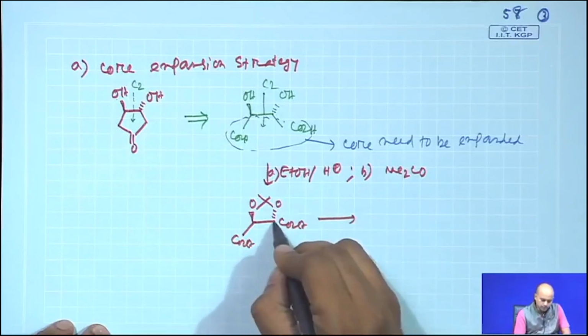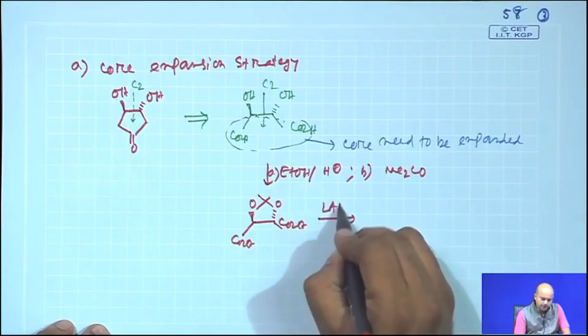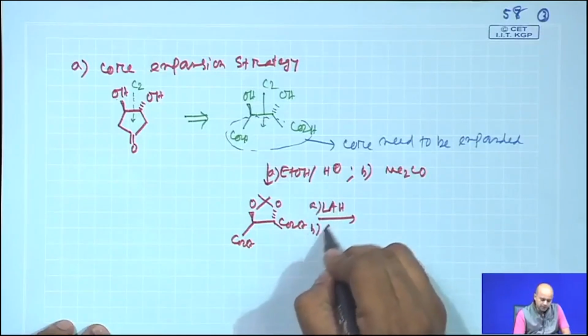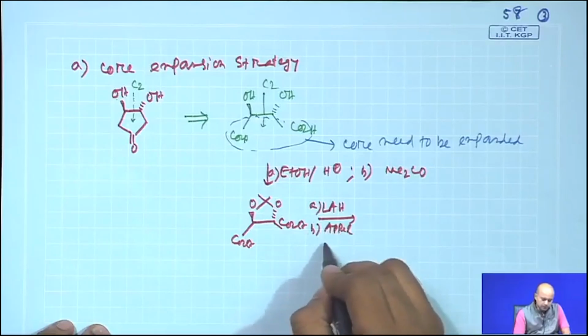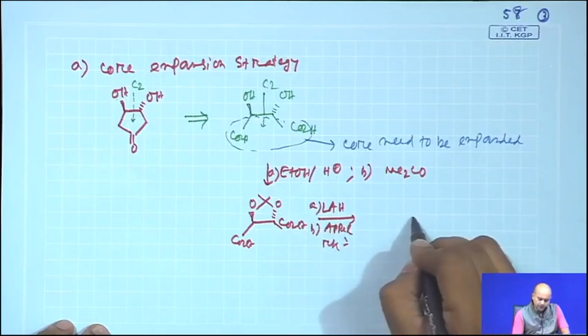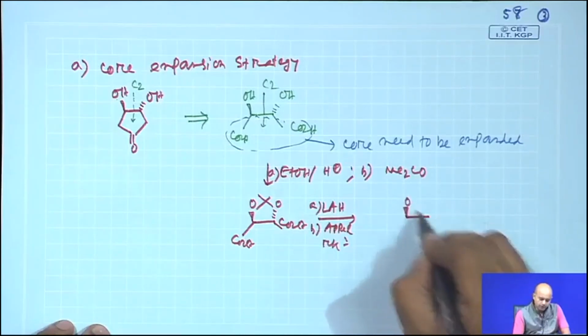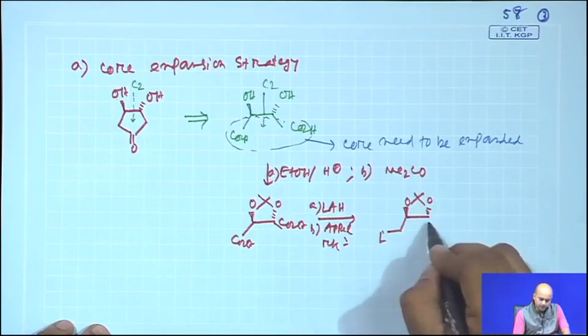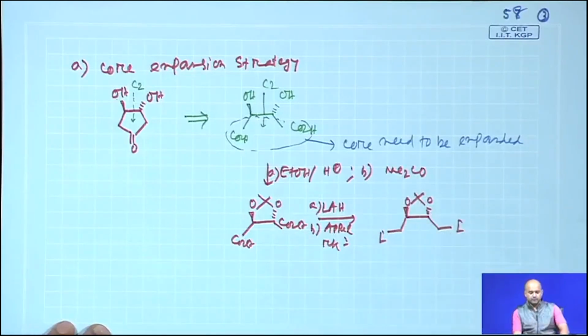You do a lithium aluminum hydride reduction and then an Appel reaction. These reactions we have already studied, so we are not discussing them in detail. So, what will we get? You get this CH2I, CH2I.